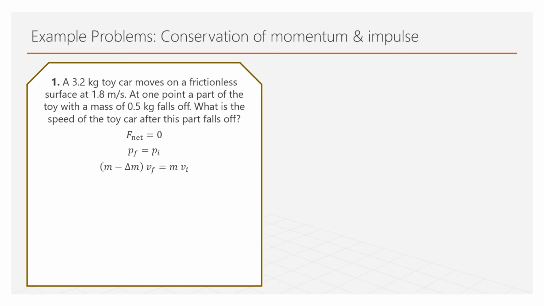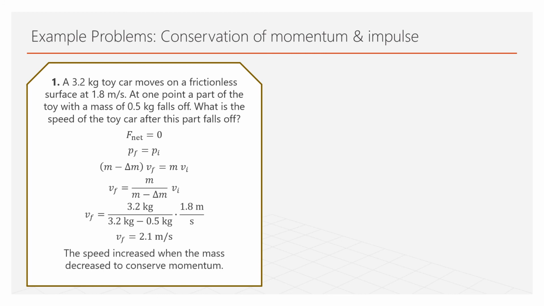The initial momentum can be written as the original mass multiplied by its original speed. We can take that equation and solve for the speed after the part breaks off, and then plug in the values. After performing the arithmetic, we get that the speed after the part breaks off is 2.1 meters per second. You can see that the speed had to increase when the mass decreased in order to conserve momentum.